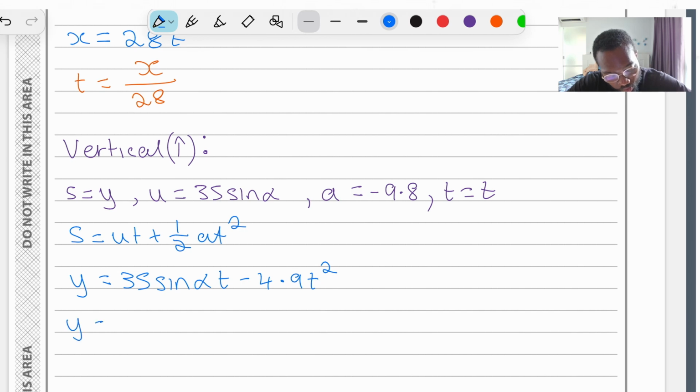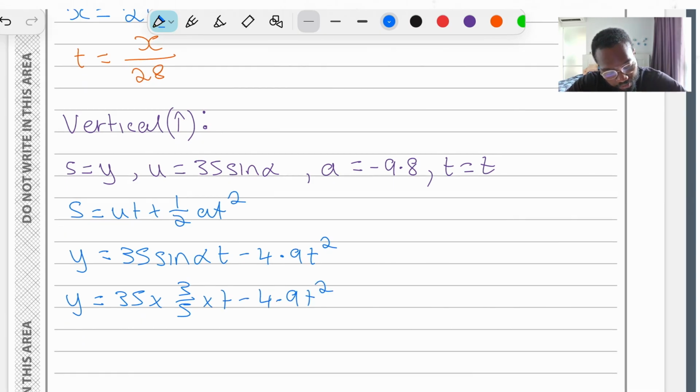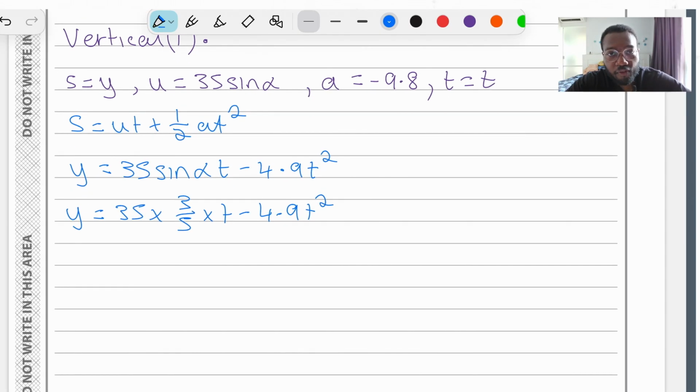So y is equal to 35 times, we know sine alpha is 3/5, times t minus 4.9 t squared. And 35 times 3/5 gives us 21. So y is equal to 21t minus 4.9t squared.